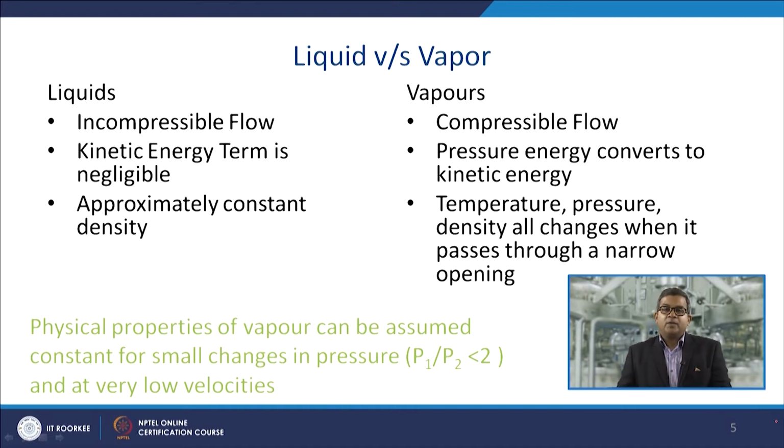So you can imagine how critical the scenario is for modeling vapors. Physical properties of vapors can be assumed constant for small changes in pressure, like P1, P2, P3, etc., and at very low velocities.